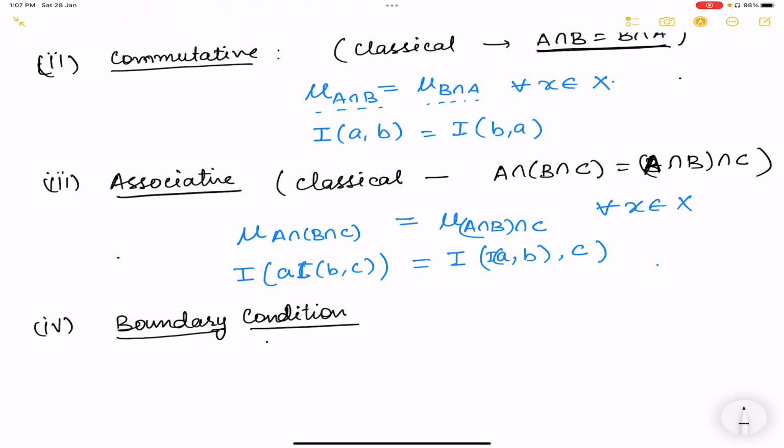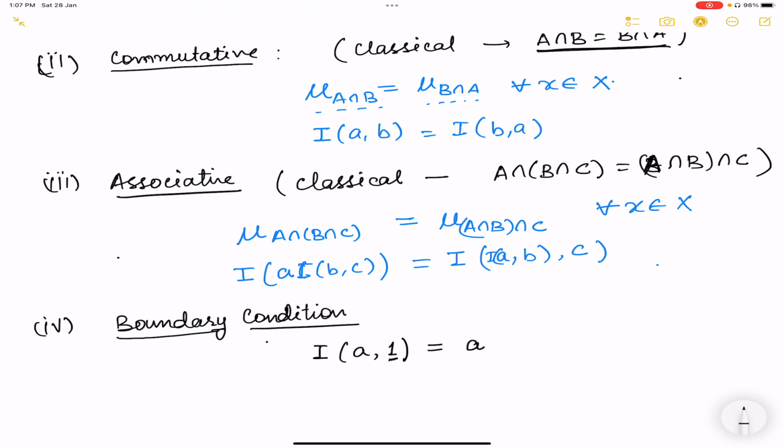This boundary condition means if we take the intersection of the fuzzy set A with the fuzzy set 1. What does this fuzzy set mean? This means that it takes value 1. So this will come out to be A.